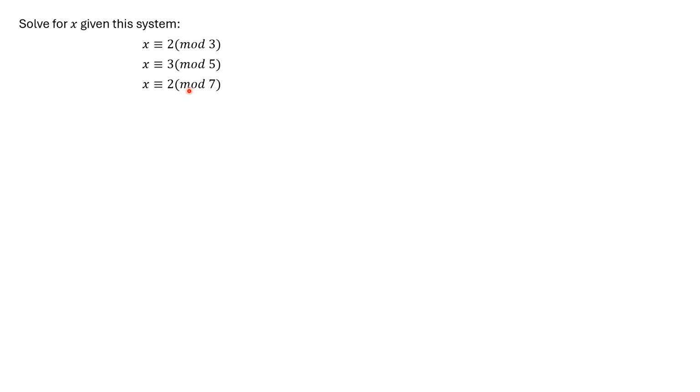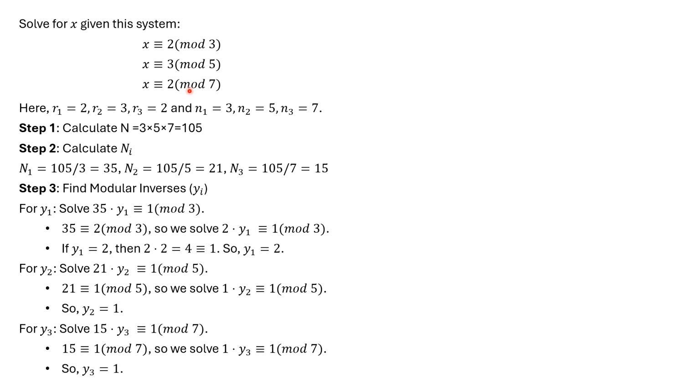Okay, so let's proceed with the solution. Using our algorithm, R1, R2, R3 are just these values here, 2, 3, and 2. And it's allowed to repeat them. And you notice 2, 3, and 2 are all between 0 and 7, 0 and 5, 0 and 3.